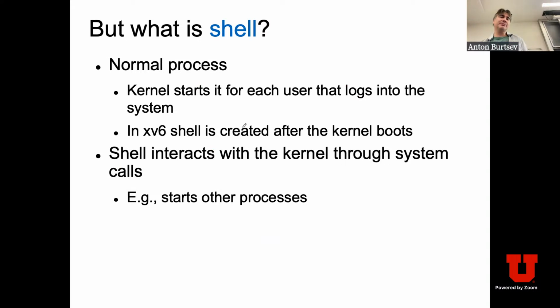Kernel started in x86, shell is created after the init, which is the very first process which you boot into, right? And from shell, you as a user can start other processes. Or if there is some automatic process which starts when the system boots, they can start as well.